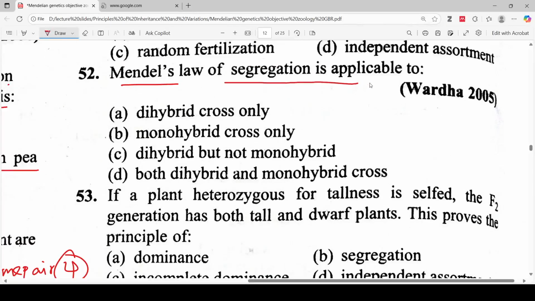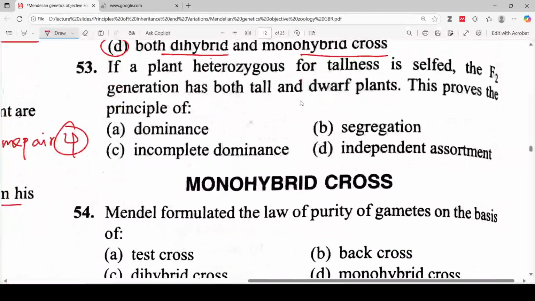Mendel's law of segregation is applicable to dihybrid cross only, monohybrid cross only, dihybrid but not monohybrid, or both dihybrid and monohybrid cross. So Mendel's law of segregation is applicable to both dihybrid and monohybrid cross. The correct answer is option D. Next question.